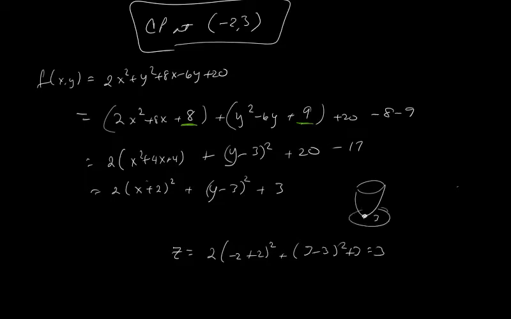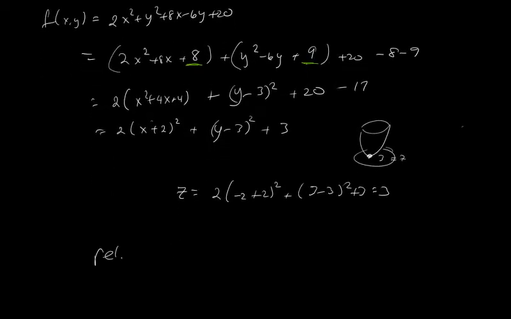So my z value there is 3. The minimum value is 3, and it occurs at the point (-2, 3). So we have a relative min at (-2, 3). Specifically, (-2, 3, 3), and our minimum value is 3.